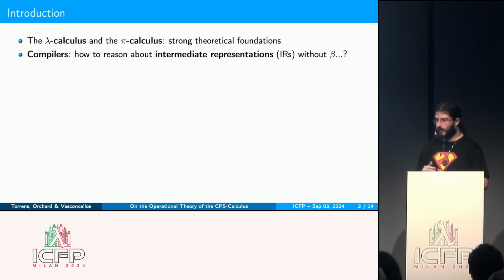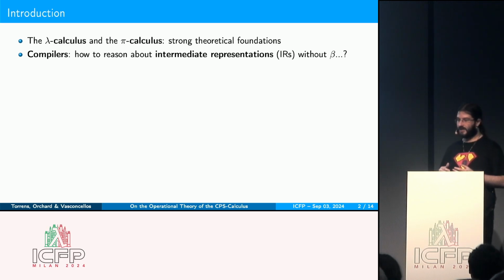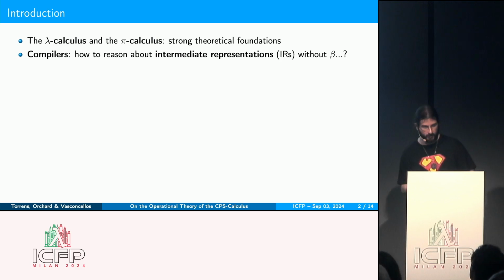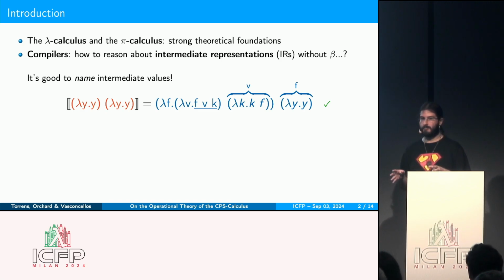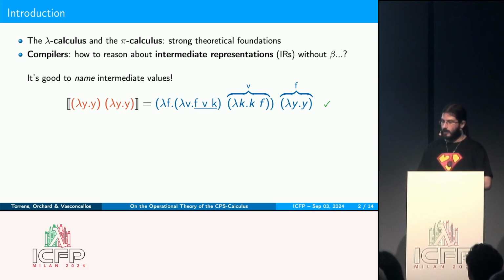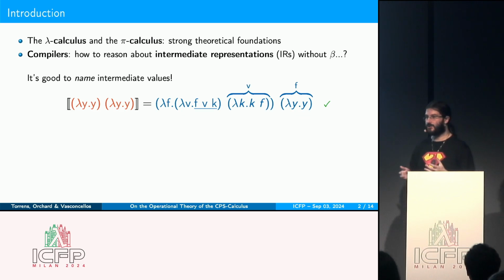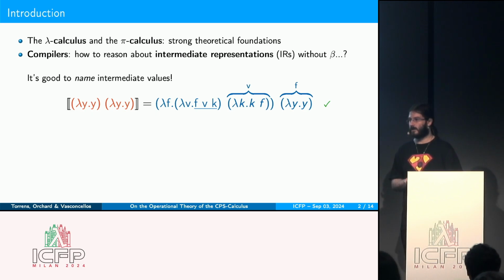But let's say we are working with the intermediate representation language for a compiler that can't rely on beta reduction. For example, let's say I have some compilation function here. I'm going to use call by name here, but we work on the paper on both call by name and call by value. For compilers, it's usually a very good idea to name every intermediate result.